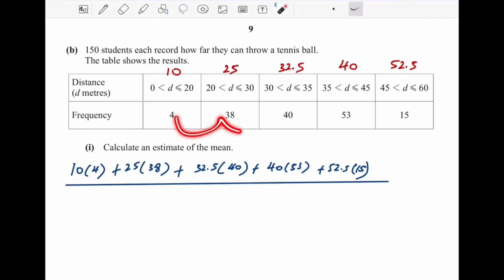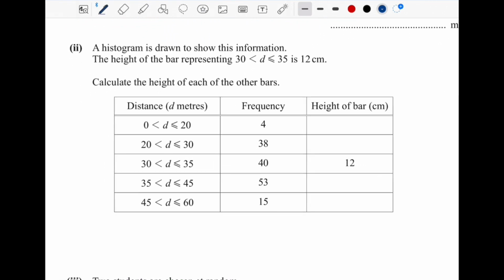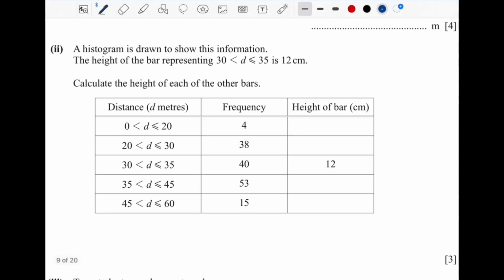You don't have to add up one by one. You should know that it should be 150. Put everything into your calculator. You should have about 34.65. That's for the mean. Okay, another one. Histogram, draw the height. So you have to know the frequency density first.